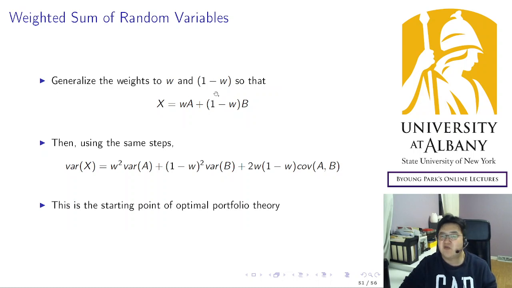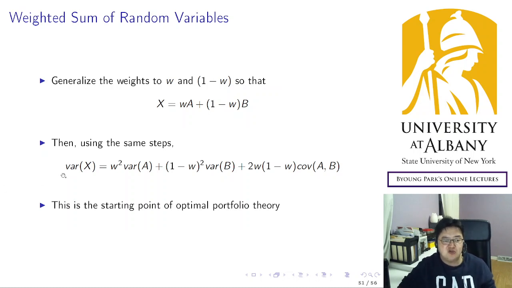In general, you may write it as weight W and the remaining weight 1 minus W. So W is the investment weight on A, and then automatically 1 minus W is the weight on asset B. Following the same steps, squared, cross product, variance, covariance, and of course don't forget 2 is multiplied here, excuse me. So this is the variance, the risk, and this is the starting point of optimal portfolio theory.